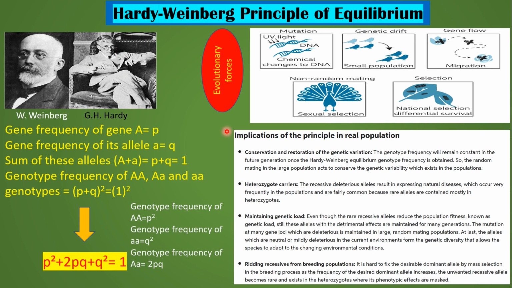According to this principle, if the evolutionary forces like mutations, migrations (it may be emigration or immigration), genetic drift, and natural selection are not operating on a large and randomly mating population, the relative frequencies of various alleles in that population tend to remain at an equilibrium, or constant, generation after generation.